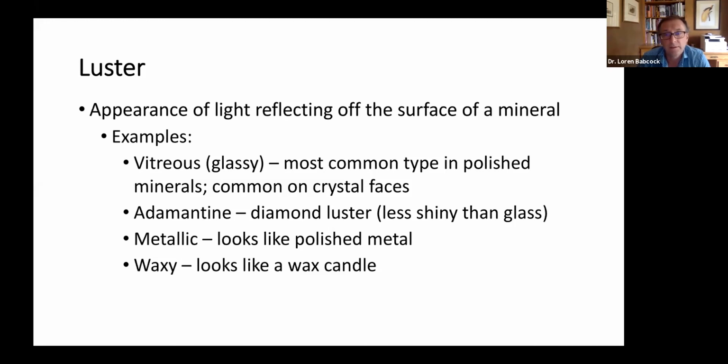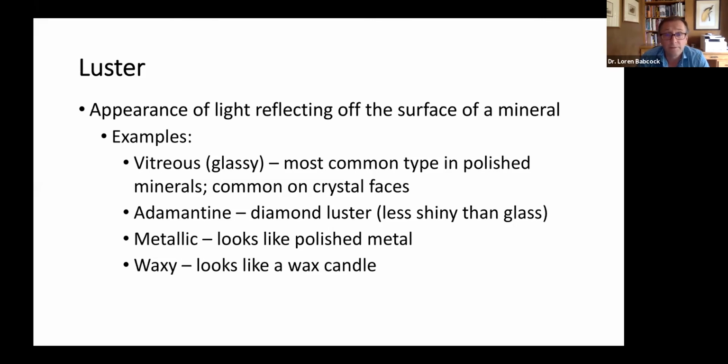It looks like you've got maybe hand cream or something smeared on top of glass. That's roughly what adamantine luster looks like. And if your eye is sensitive enough and you learn to identify what adamantine luster looks like, it's pretty easy to identify a diamond by eye based on luster.